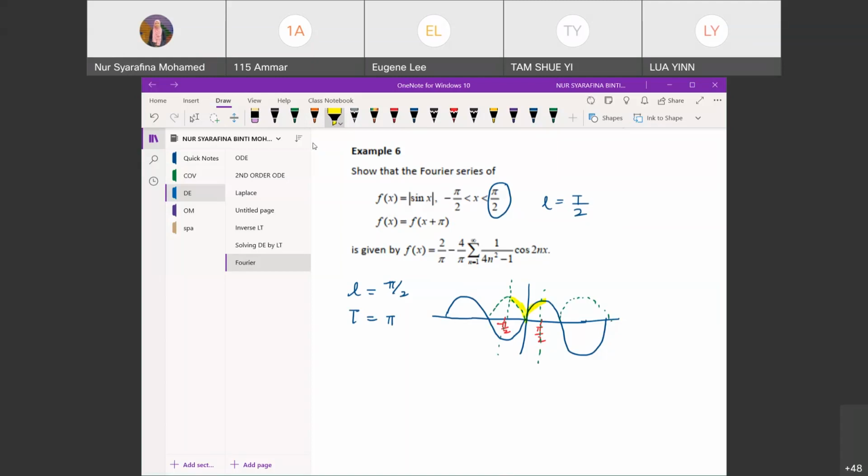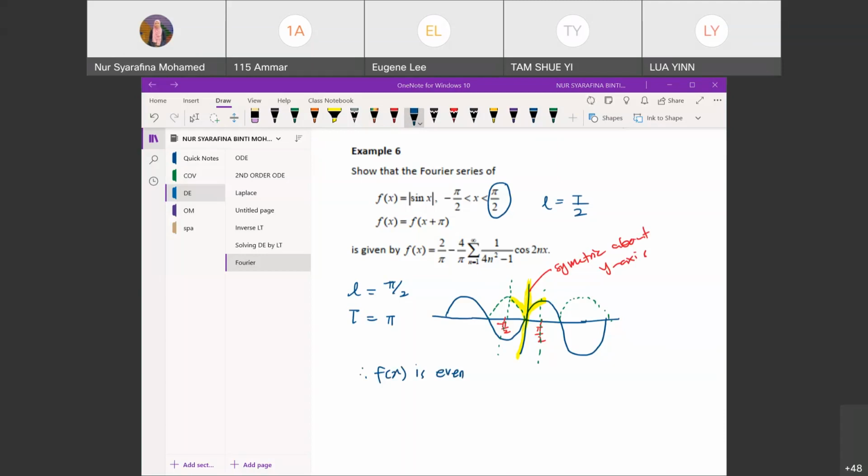Where this is your reflection line, the symmetric line, and as you can see, it is symmetric about the y-axis. So when it is symmetric about the y-axis, then we can conclude that your f(x) is even. Okay, clear? So once it is even, then you proceed with the formula.